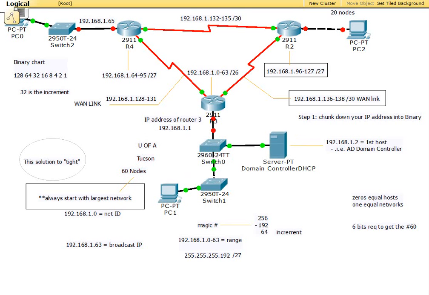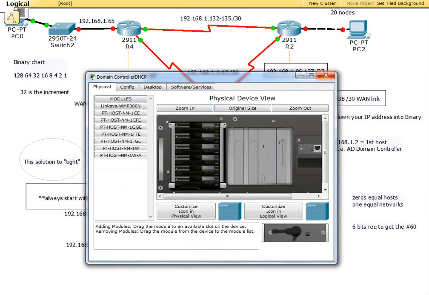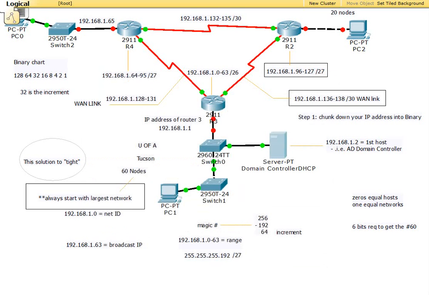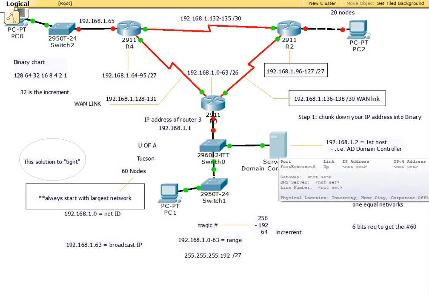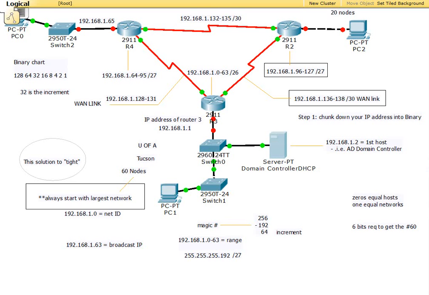And then I took this server, which I'm going to pretend that it's running several things, like Active Directory domain controller. It's also running ISA server, which is a firewall product from Microsoft, which they don't recommend that you do. They want you to run ISA server on its own.